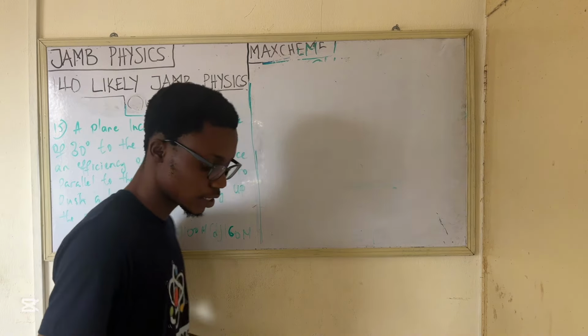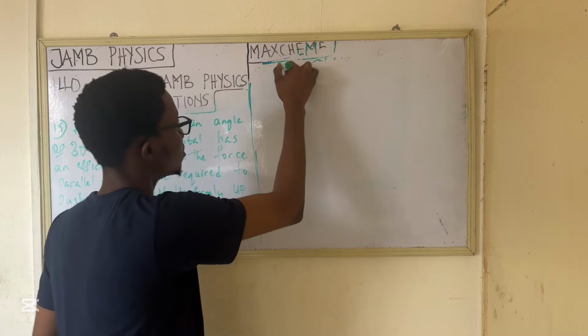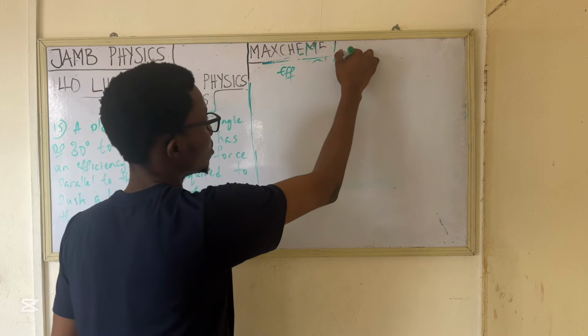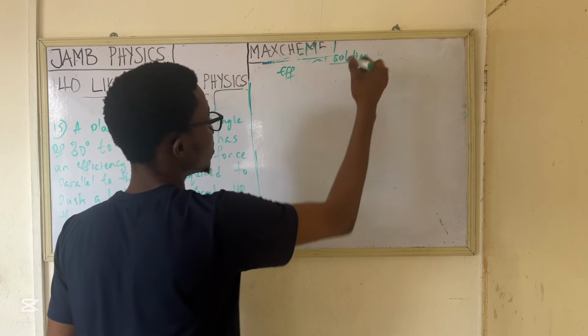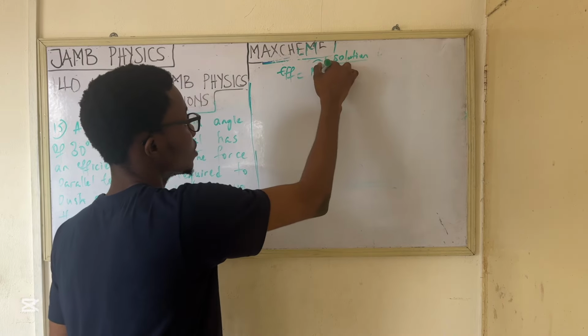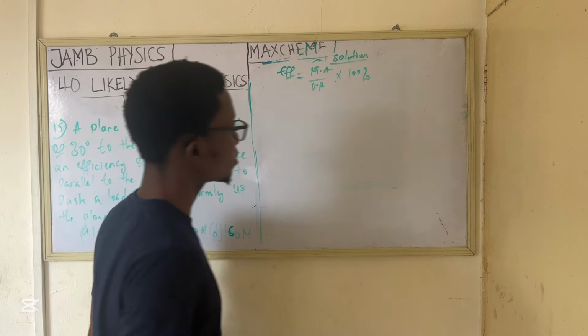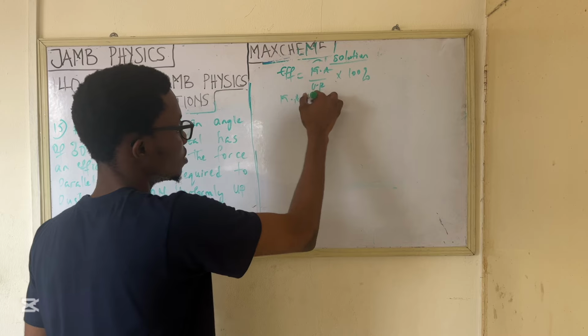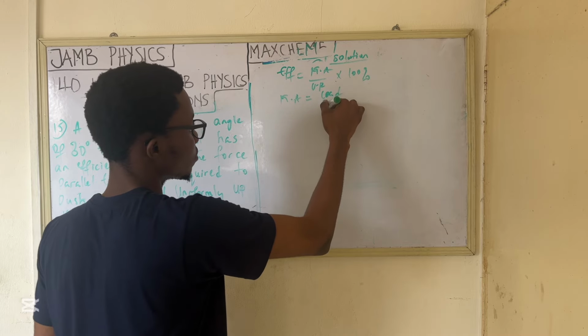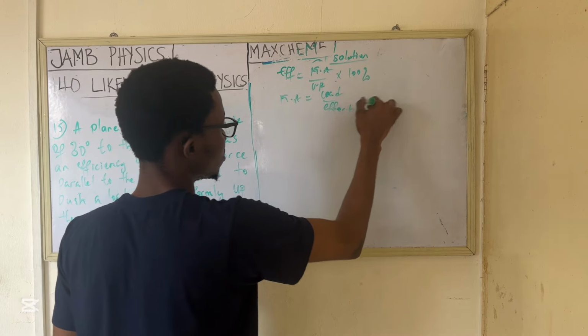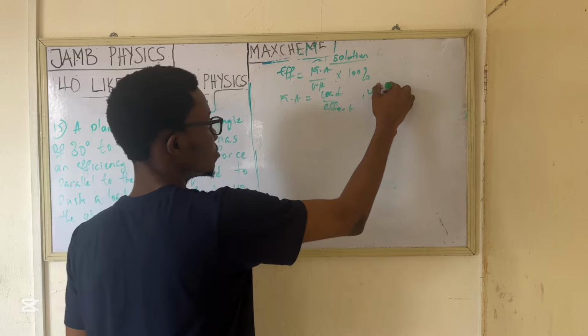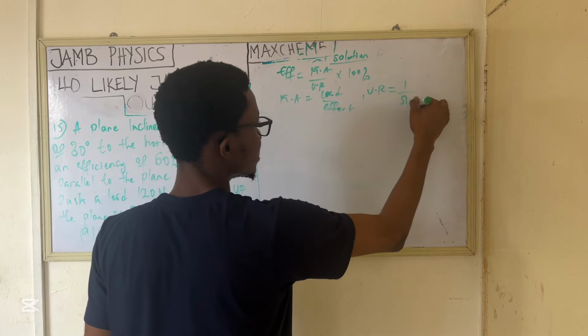You know, this is an inclined plane. To get our efficiency, efficiency when it comes to an inclined plane is mechanical advantage over velocity ratio times 100%. If you want to get our mechanical advantage, it is load over effort, right? And our velocity ratio is 1 over sine theta.